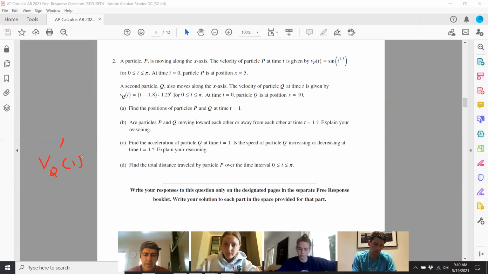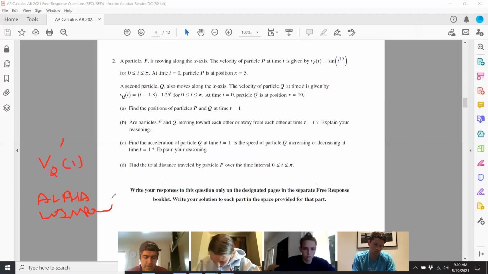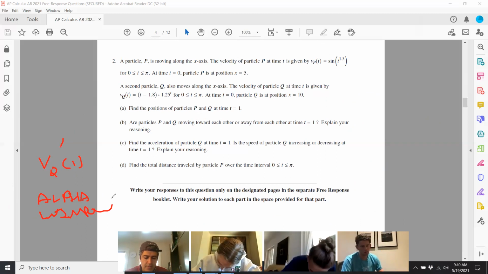You can do that in the calculator. Remember, you go alpha window again. So hit alpha window and deriv d dx and alpha trace y1.